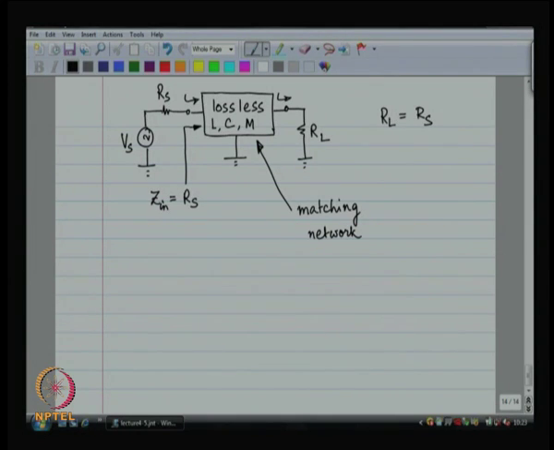Now, let us try to understand this. What if inside this lossless network I basically use an ideal transformer? You have all studied transformers in your circuit theory courses, hopefully.